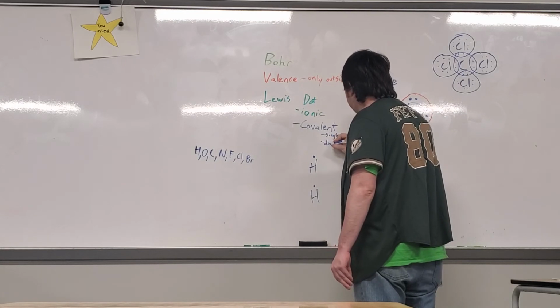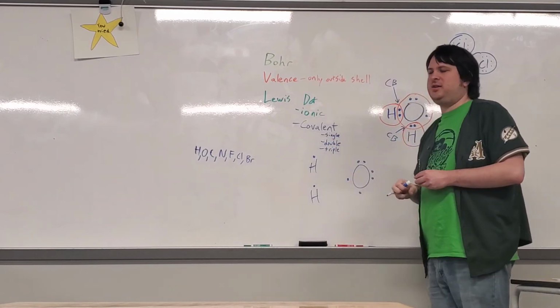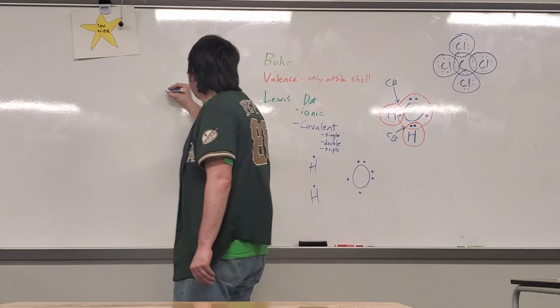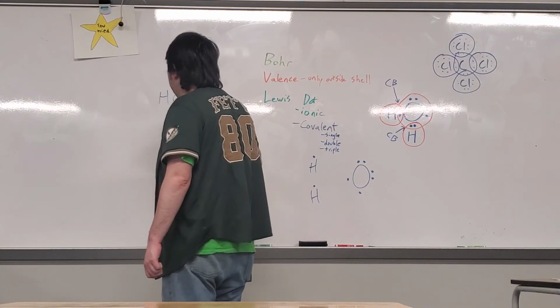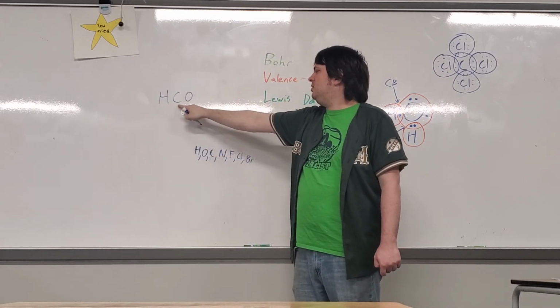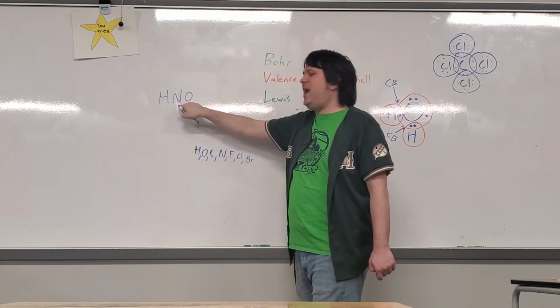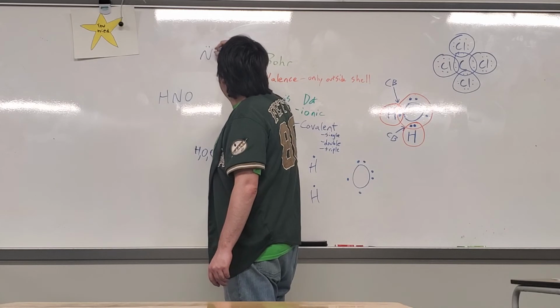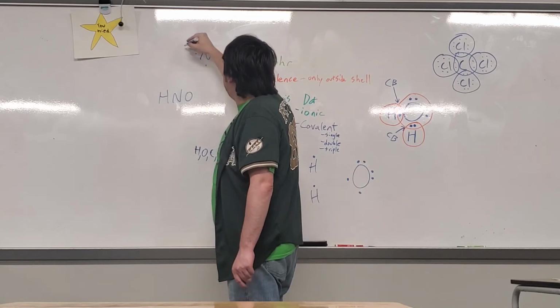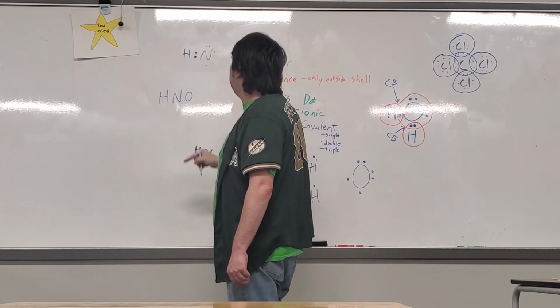But sometimes, you get double or triple bonds, such as if we do the molecule HNO. You have nitrogen. Well, hydrogen can come over with its 1 and donate 1 electron.